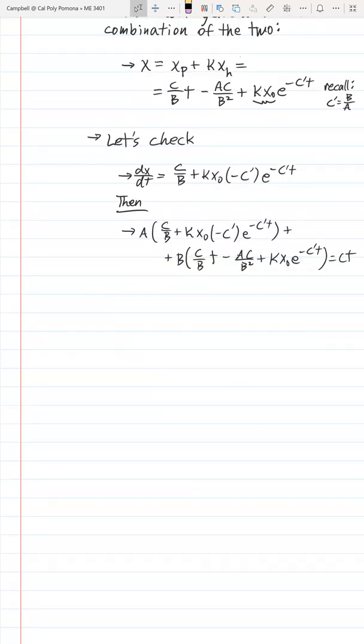So you can see how all of this kind of breaks into two halves. So we get a times c over b, distributing this b out, but first over the particular portion of the solution, plus, here I'll just do b times c over b, of course the b's will cancel, times t, minus a c b over b squared, and of course the b will cancel with the squared there.